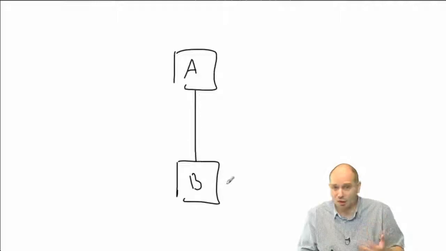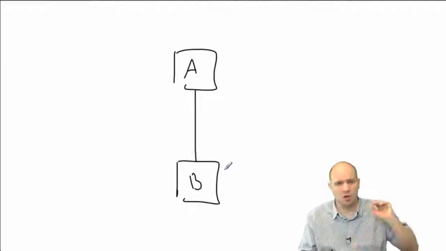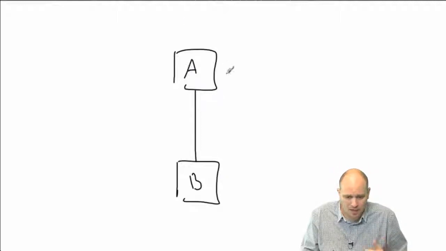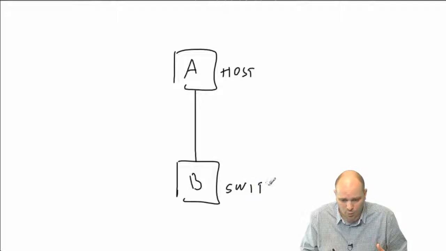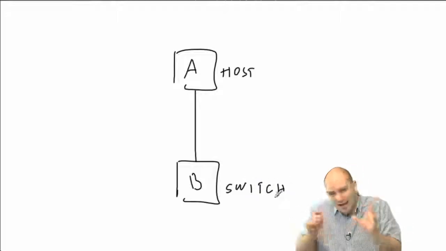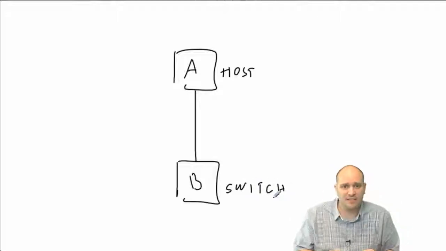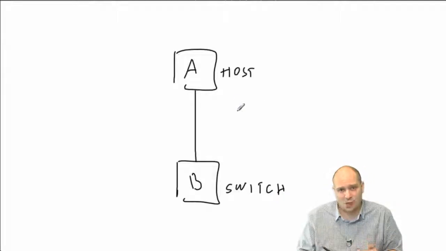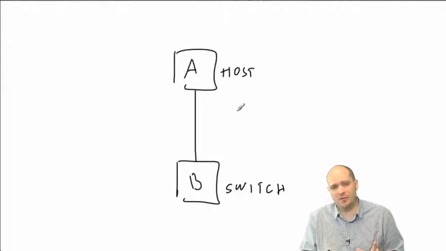And they are directly connected, so there is nothing in between, just host A directly connected to host B. Now, one of these could be just a host, and the other one could be, for example, a switch, or it could be a router, or any device. It doesn't matter what these devices actually are, but they are directly connected, so there is nothing else between them.